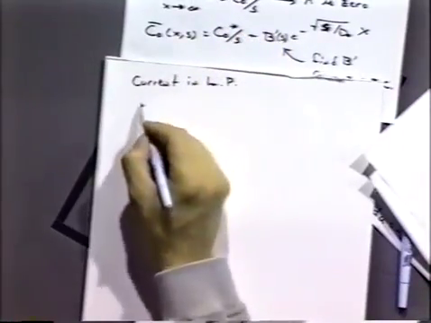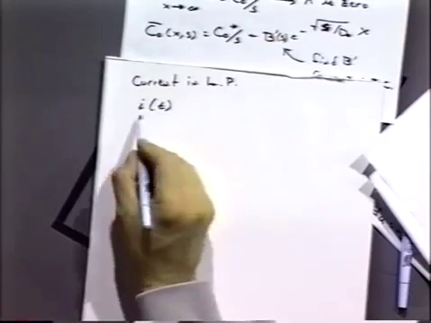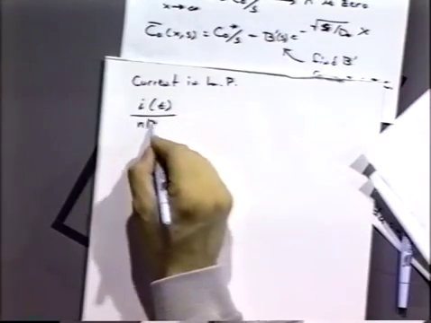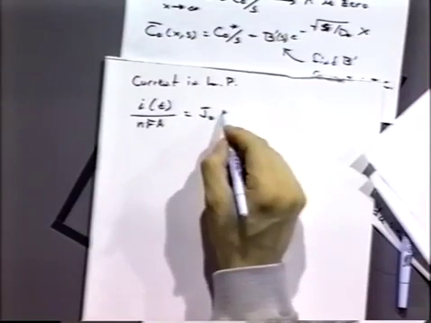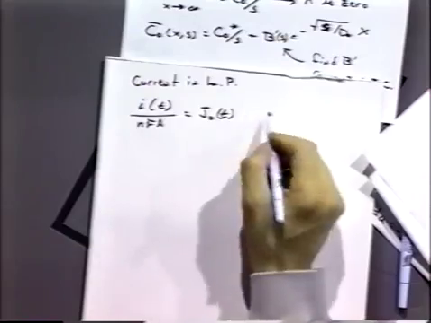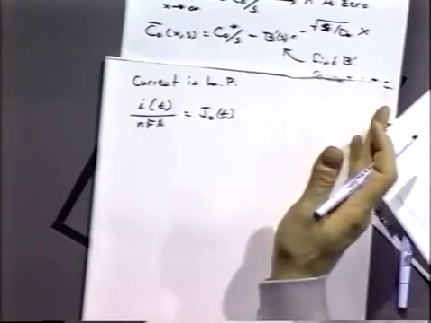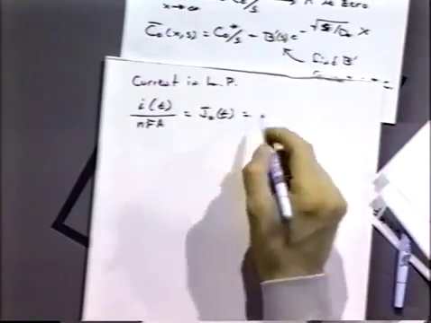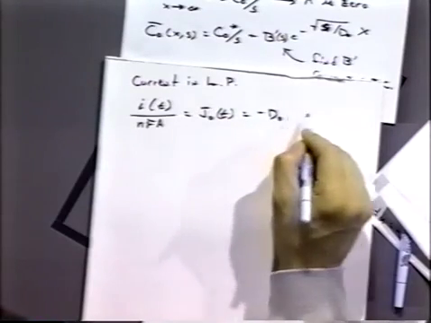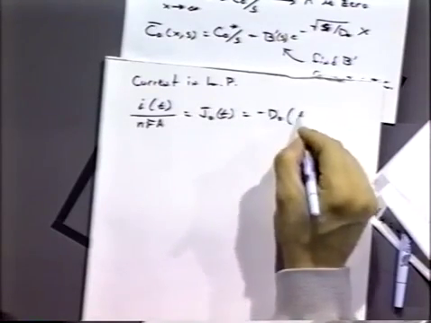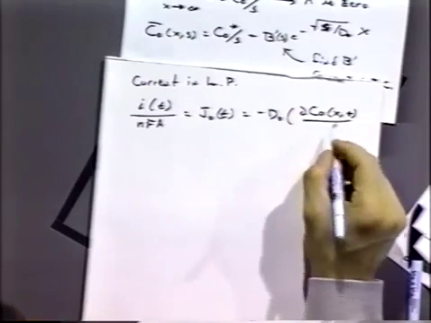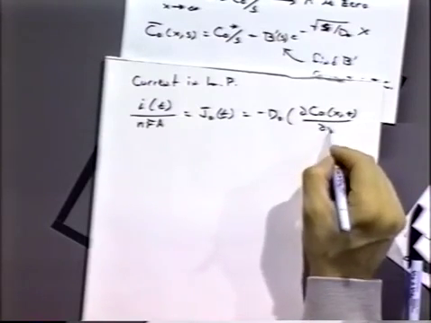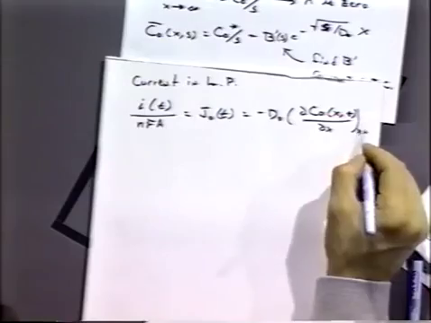And remember, this term I as a function of t over nFA is equal to the flux at the electrode surface as a function of time of O, and that's equal to minus D O times the derivative of C sub O as a function of x and t with respect to x, for x equal to 0.